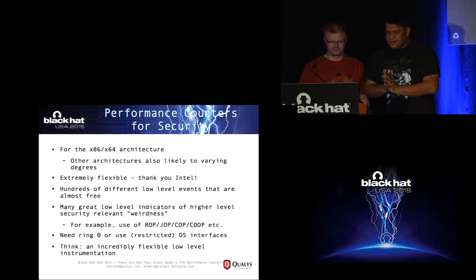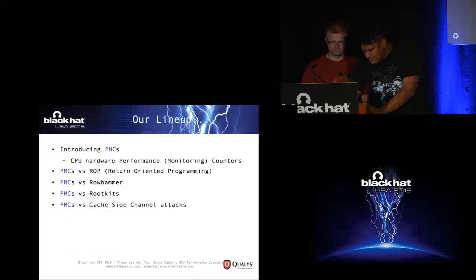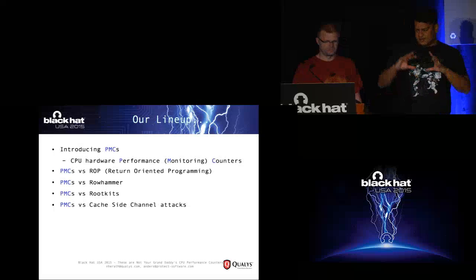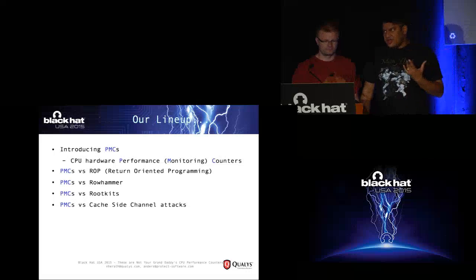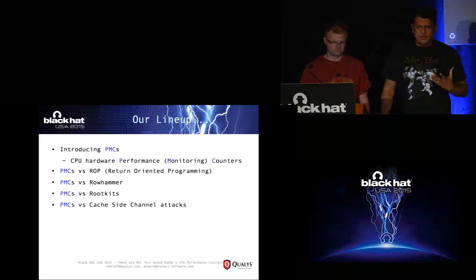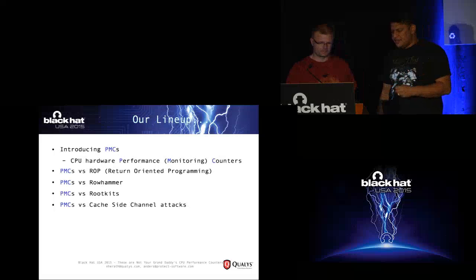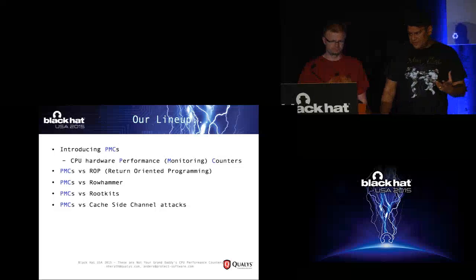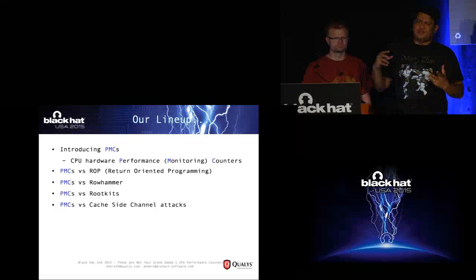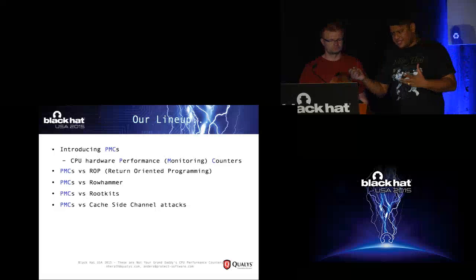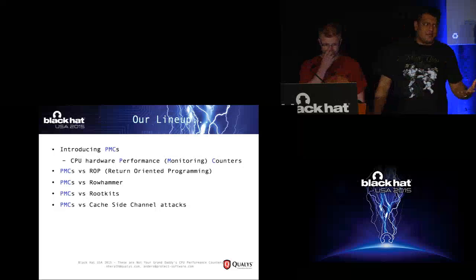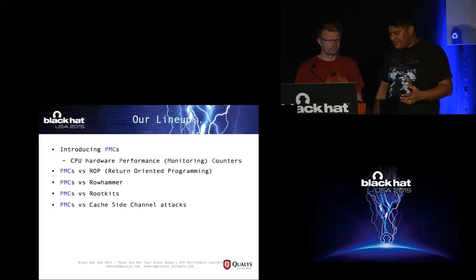I'll give you a quick rundown of some of the aspects that we'll be looking at. First of all, we're going to give you a brief introduction to the hardware performance monitoring counters on the Intel CPUs. I'm going to use the term Intel CPUs for the architecture because that comes naturally, but it's the same with compatible CPUs to a large degree.